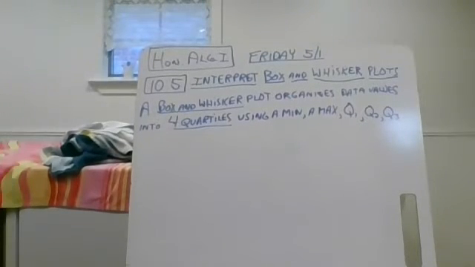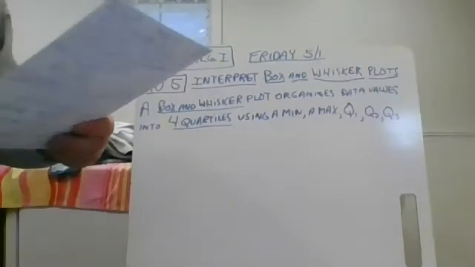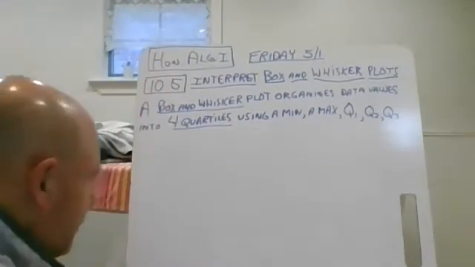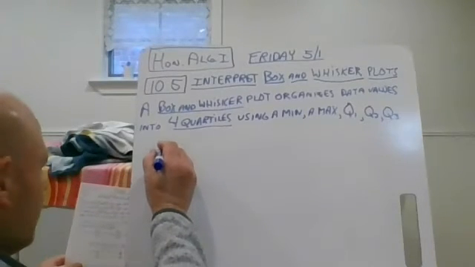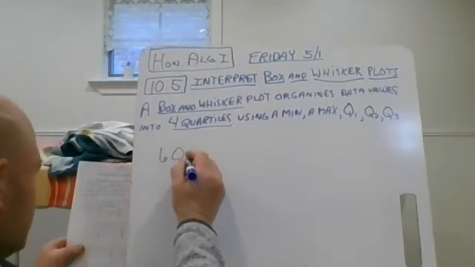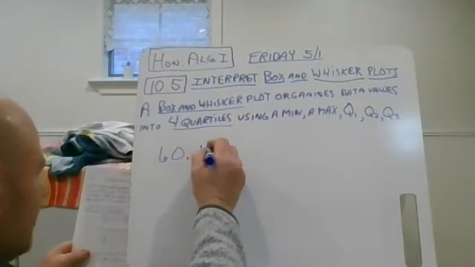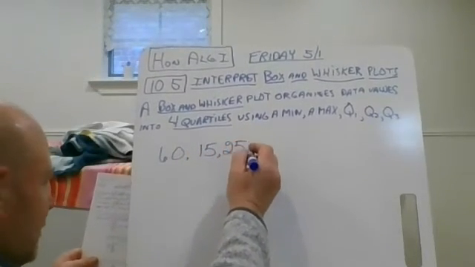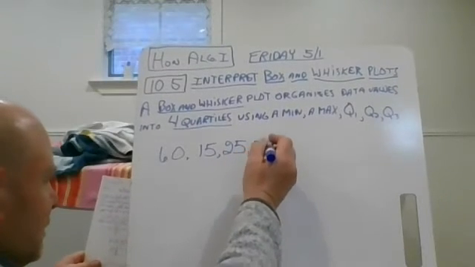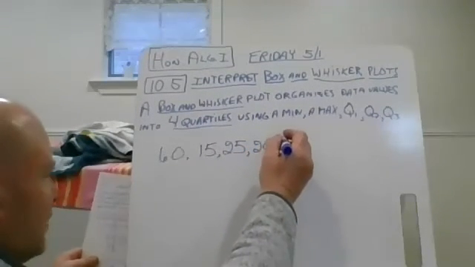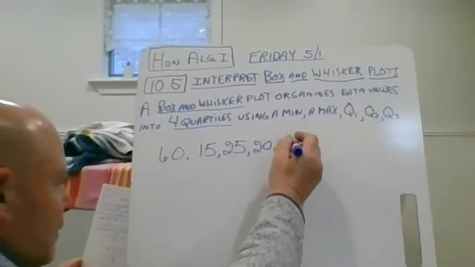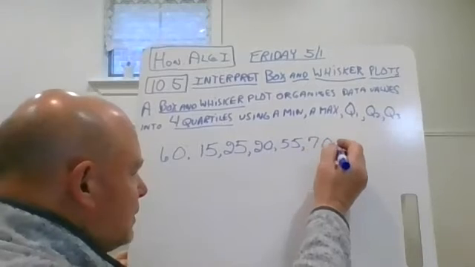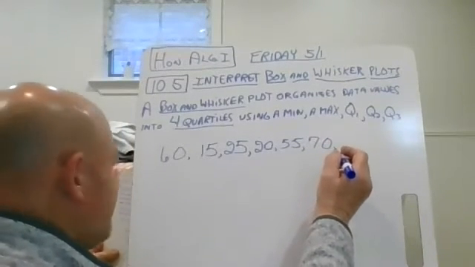Now here's one that has 2, 4, 6, 8 values. $60, $15, $25, $20, $55, $70, $40, and $30.